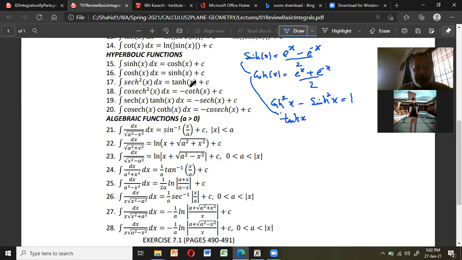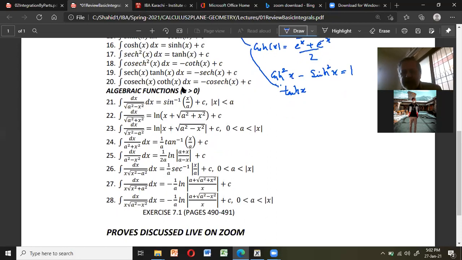I just want to mention here that the derivative of tangent hyperbolic can be proved to be equal to secant hyperbolic square x, whereas the derivative of cot hyperbolic is minus cosecant hyperbolic square.